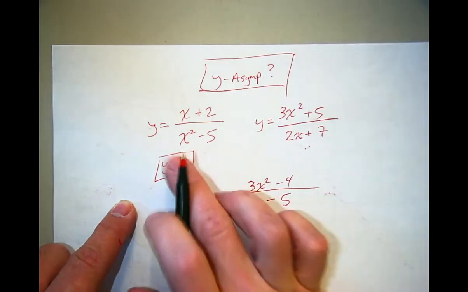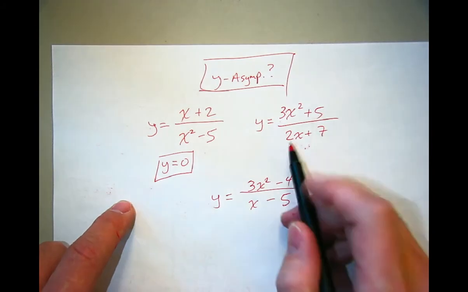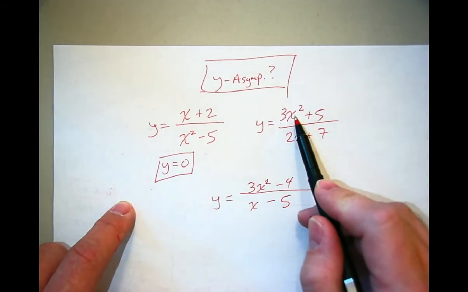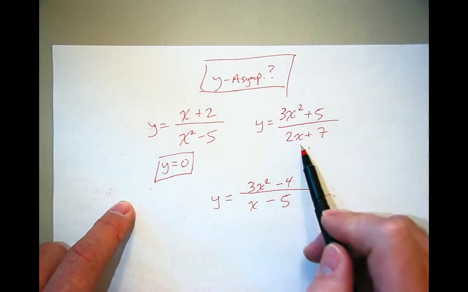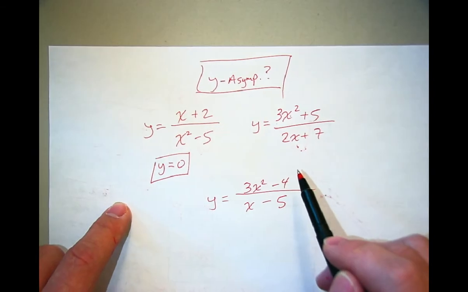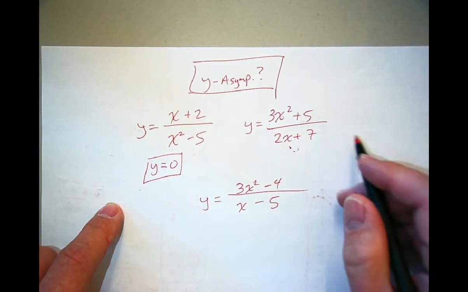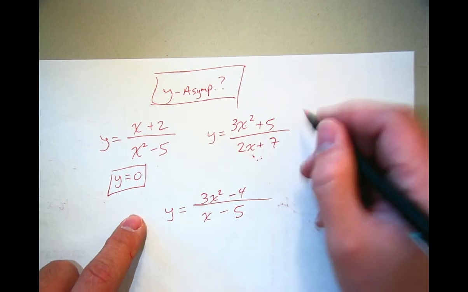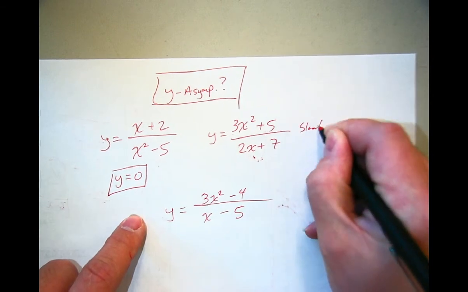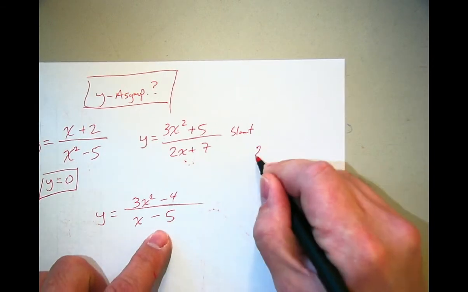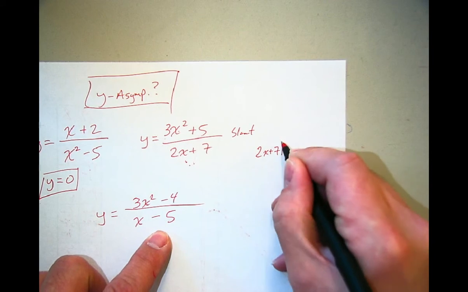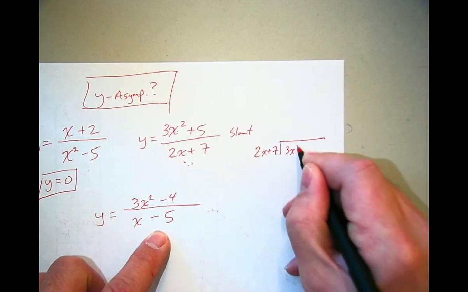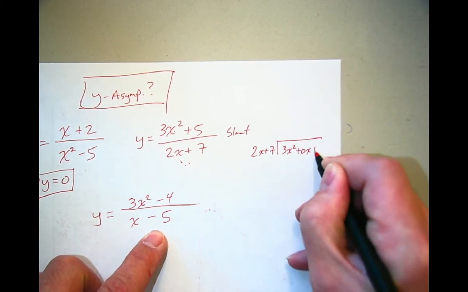Okay, how many got that one? Okay, if the power is greater on the top than it is on the bottom, what does that mean? This is a slant asymptote. You have to use polynomial long division on it. So that means over here we would have 2x plus 7 on the outside, 3x squared plus 0x plus 5 on the inside.